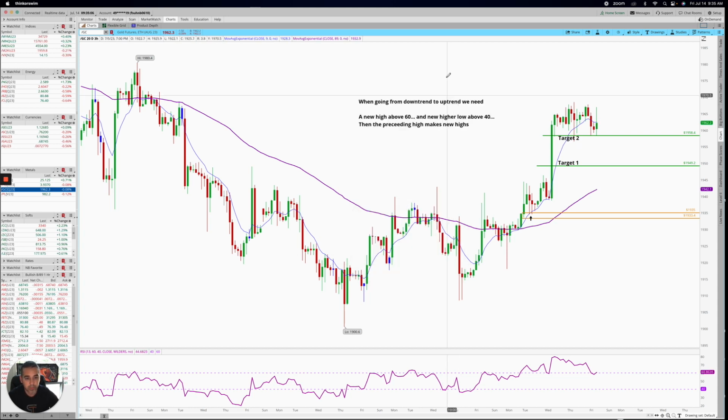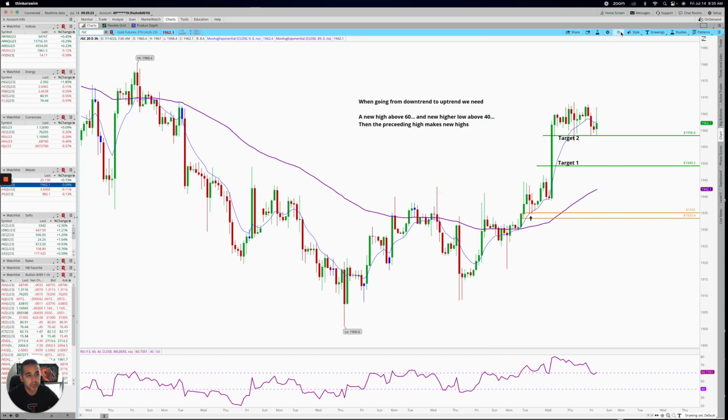Okay? So that's exactly what we have. We have a high above 60. We have a higher low above 40. And then we make a preceding high that makes a new high here. So that trend has officially changed for me.